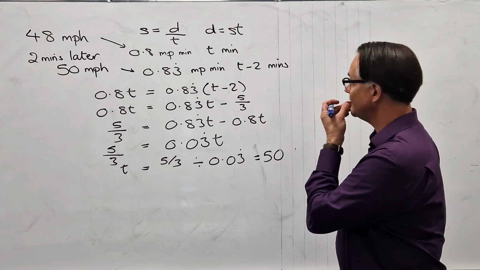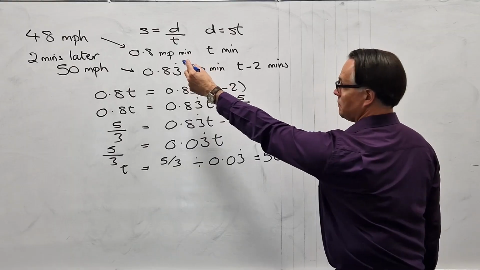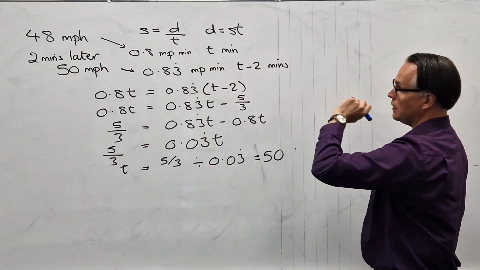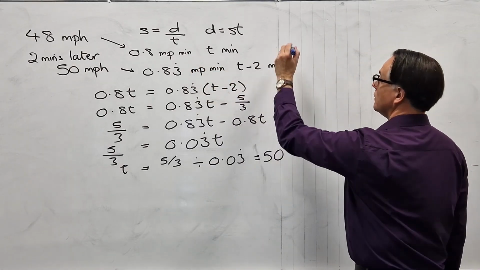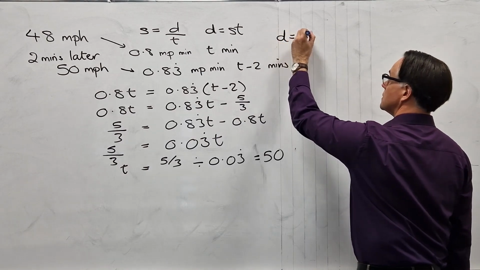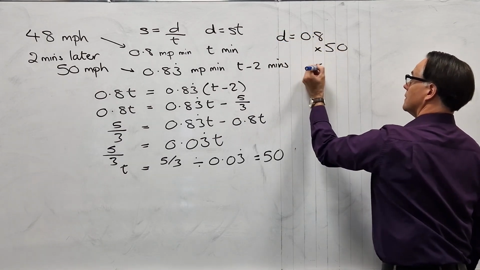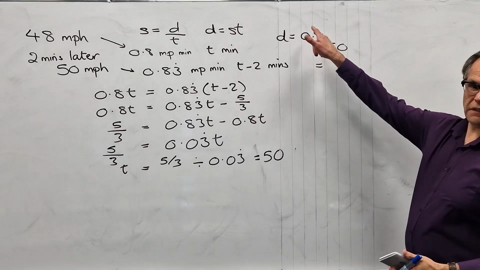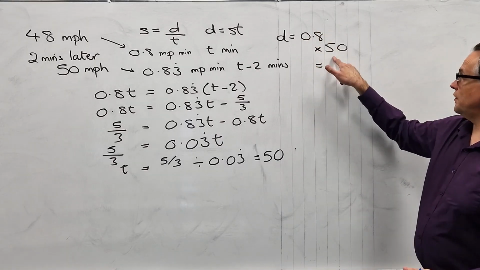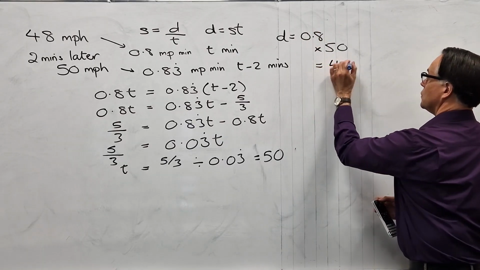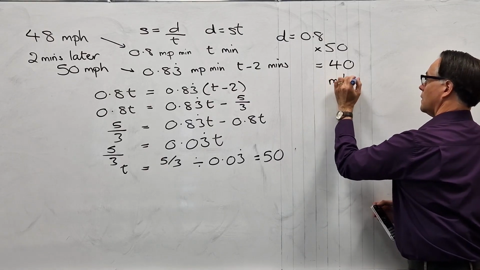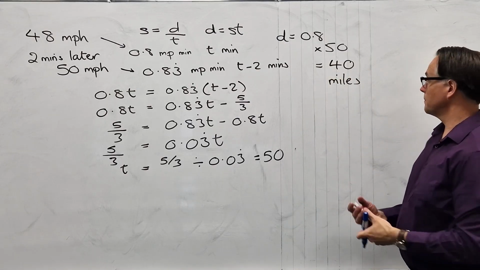So if she does 0.8 miles per minute, she travels the distance of 0.8 times 50. That's just 4/5, isn't it? 4/5 of 50 is 40. So the answer is 40 miles.